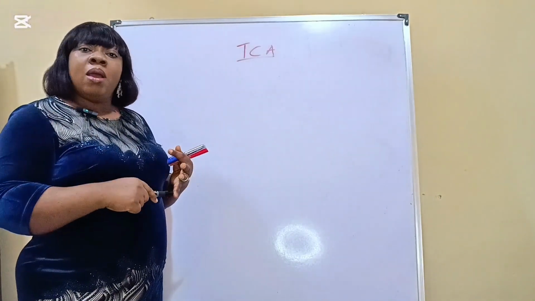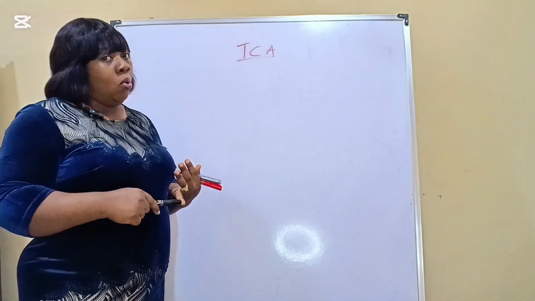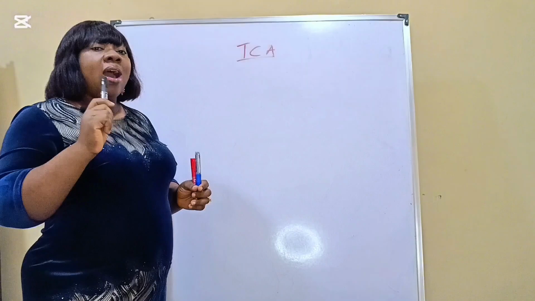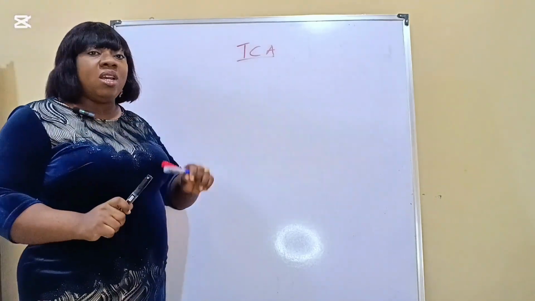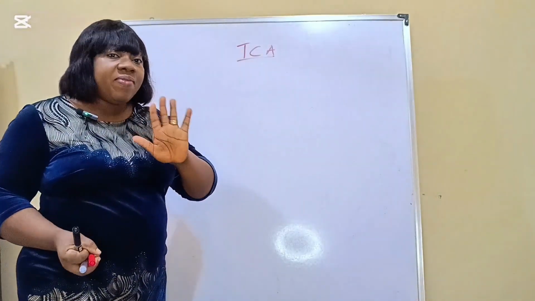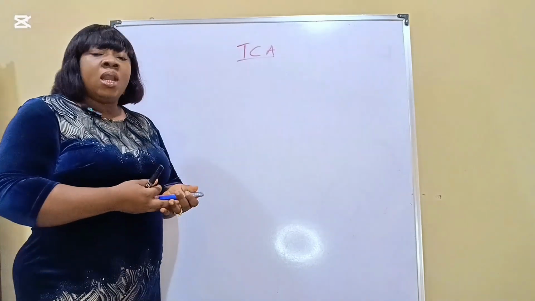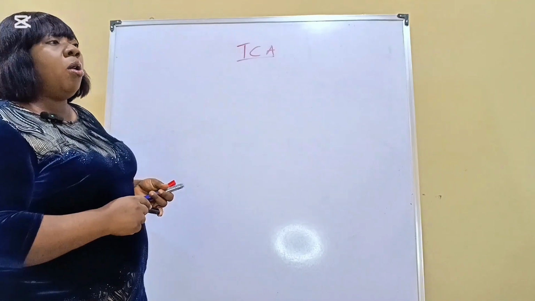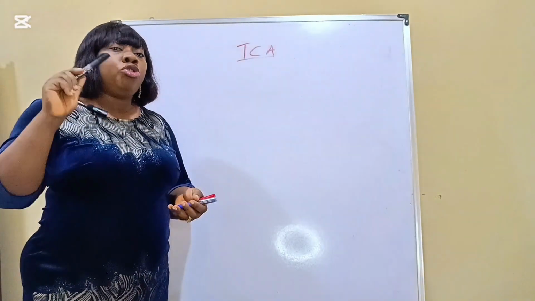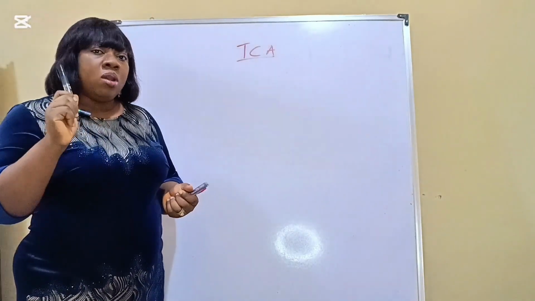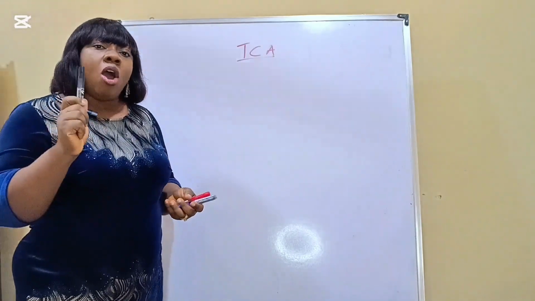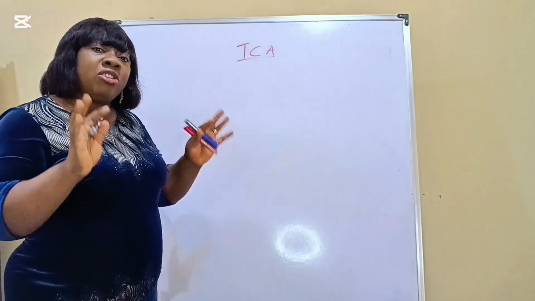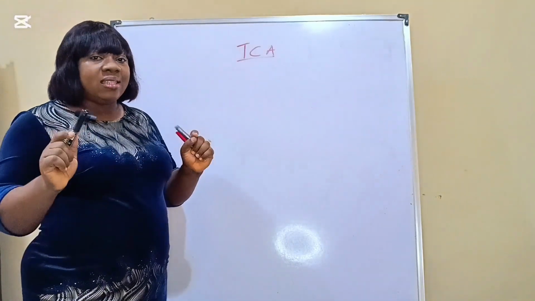It can be gotten from carbohydrate metabolism through glycolysis, which gives us pyruvate, and the pyruvate is converted to acetyl CoA through the pyruvate dehydrogenase complex, which we said has about 5 enzymes. The acetyl CoA can also be gotten from fat metabolism through beta oxidation. Then also from the metabolism of protein through different processes, including transamination, we can also get acetyl CoA.